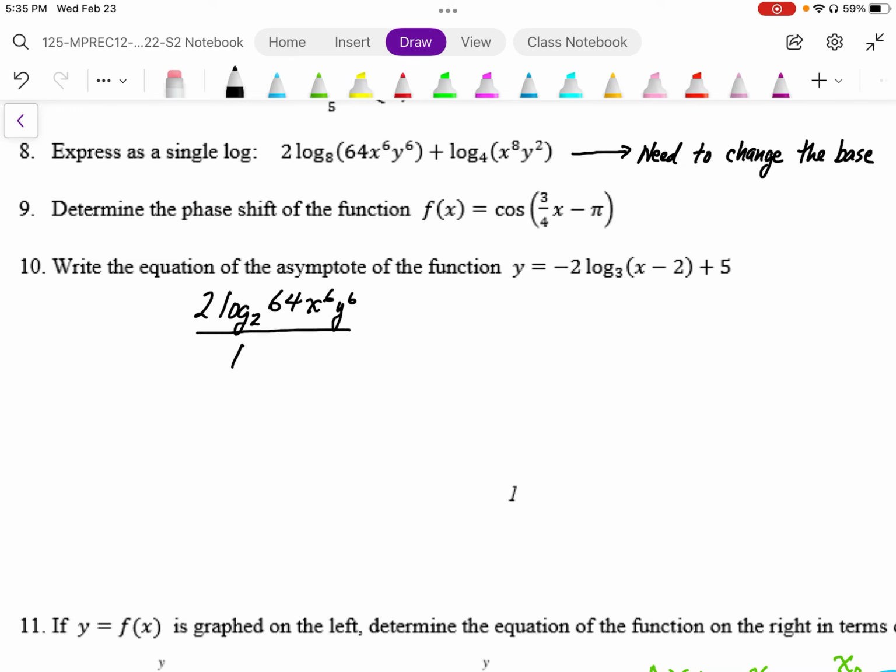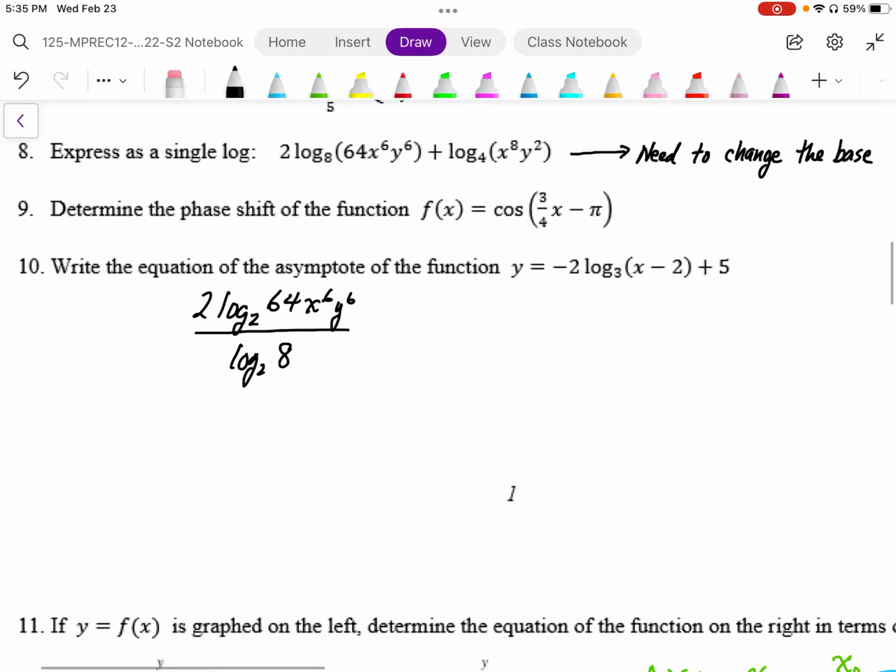And then I get log base 2 of 8 in the denominator. That can be evaluated. Plus, I'm going to have log base 2 of x to the power 8, y to the power 2 over log base 2 of 4.